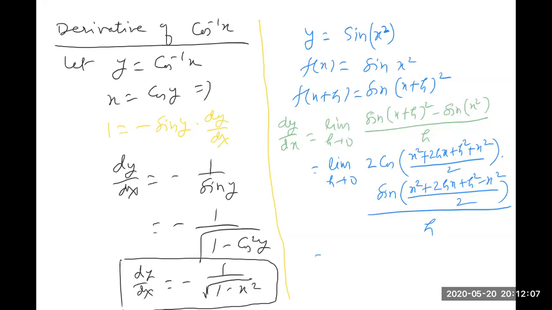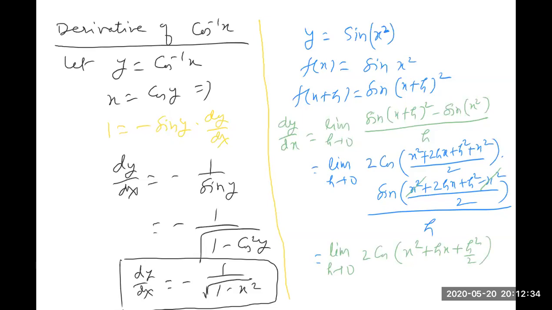So in this case, this x square will cancel. So limit h tends to 0, what is left? 2 cos of 2x square plus 2hx plus h square upon 2, so x square plus hx plus h square upon 2.